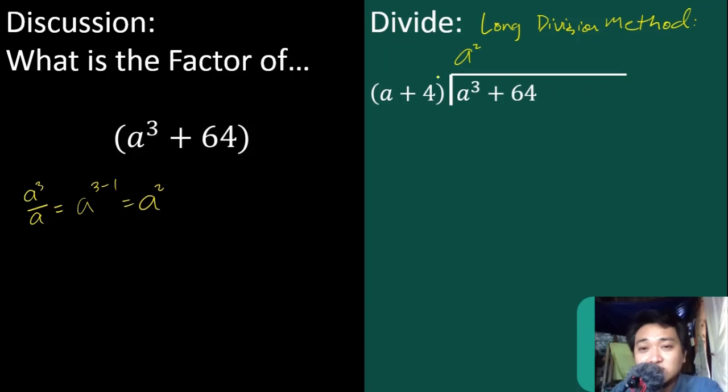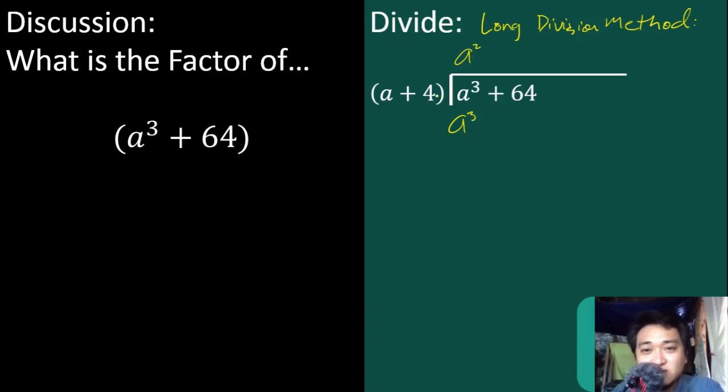O tapos, paano si 4? Hayaan nyo lang yan. Imumultiply na lang natin si a squared by the quantity a plus 4. Ganun natin ginagawa yung long method division. So, subukan natin. Let us try to multiply. A squared times a is a cube.